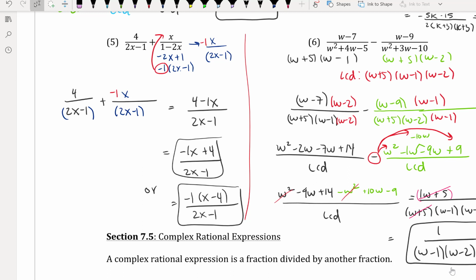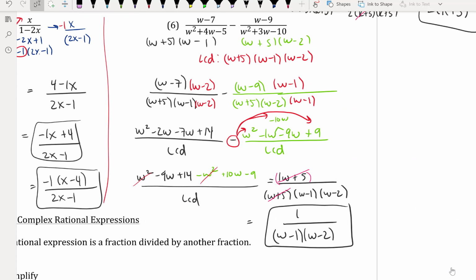So I floated that up to that numerator. After I did that, I rewrote it with that -1 up on top. And so I combined my numerators together to give me 4 minus 1x. And I wanted to just write that in standard form just in case, which is -1x plus 4. And I factored out that -1 just to make sure that nothing else was going to be able to cancel. Okay, that's number 5.